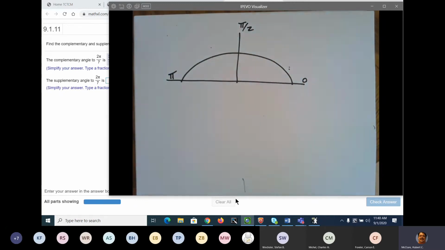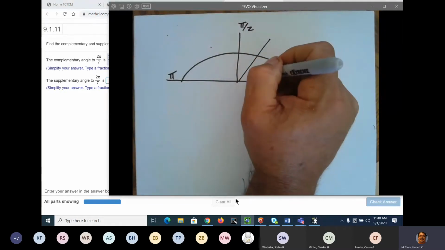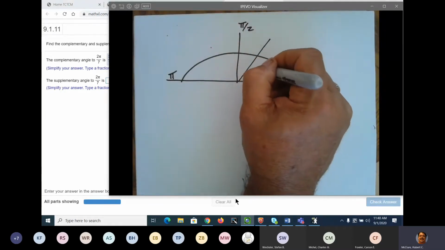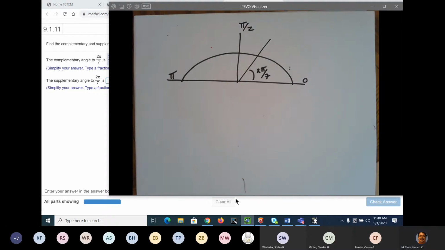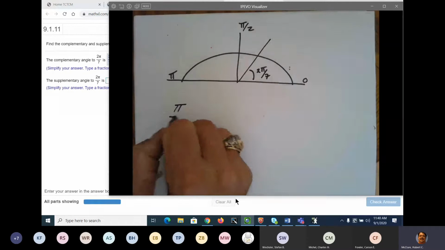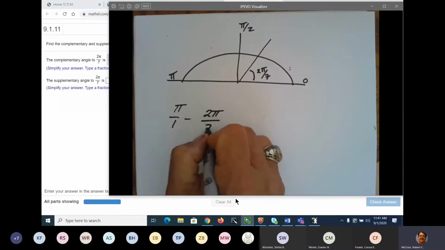So we know that this angle is 2 pi, what is it, 2 pi over 7? So you would just say pi minus 2 pi over 7. So pi over 1 minus 2 pi over 7.